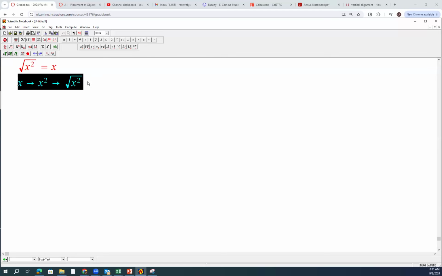And the left-hand side from that statement can be any real number, because any real number after it's been squared is going to be at least 0. So the second operation guarantees that x squared is at least 0, and a number that's at least 0 can be square rooted, and we're going to get a real number.